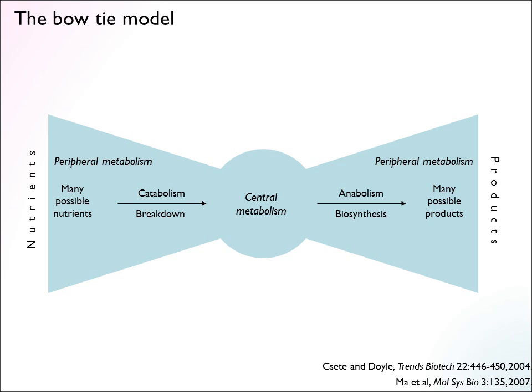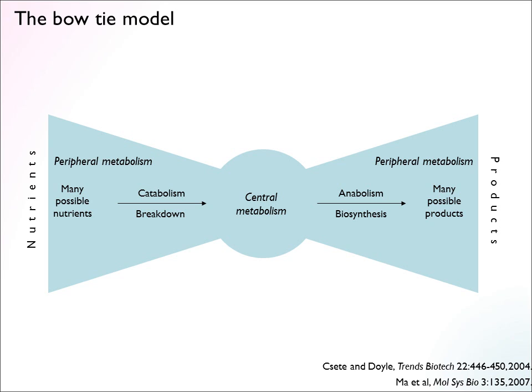So everything feeds into things like simple sugars or acetyl-CoA or a few amino acids. And then we have central metabolism, and here is where we will spend most of our time during this course. Here you have the most central compounds: the TCA cycle, amino acids, sugars, and maybe some simple fatty acids.